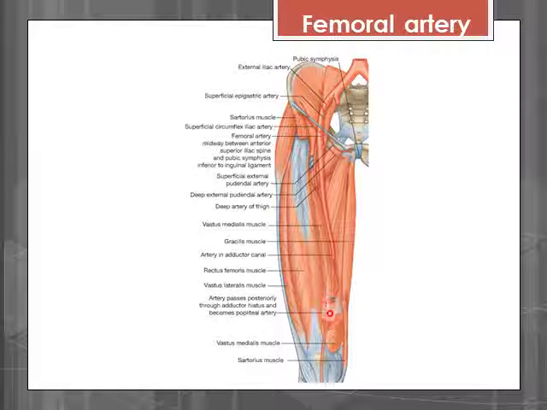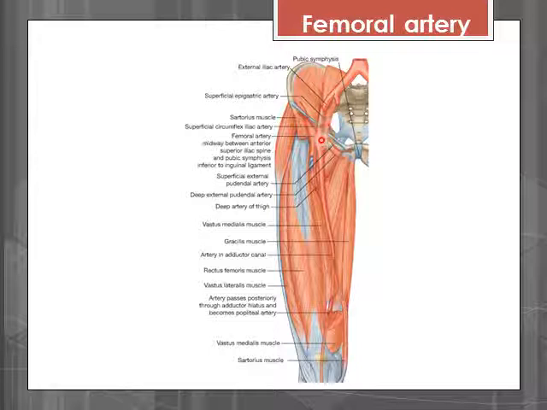This is the popliteal artery. The popliteal artery again terminates by giving genicular branches to the knee joint and two terminal branches, the anterior and posterior tibial arteries, to the anterior and posterior aspects of the leg and foot.